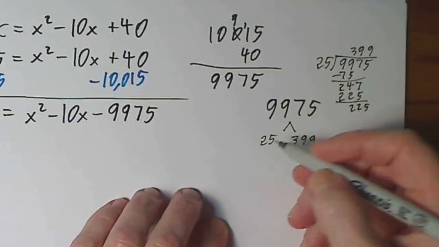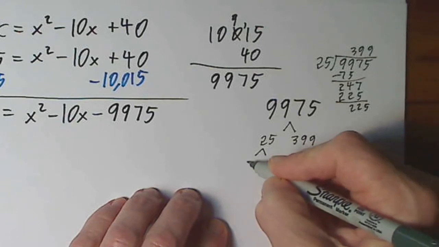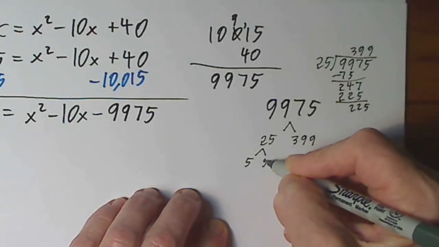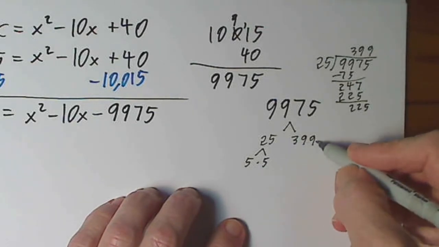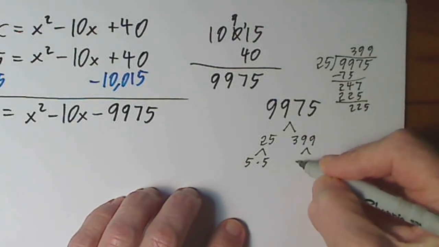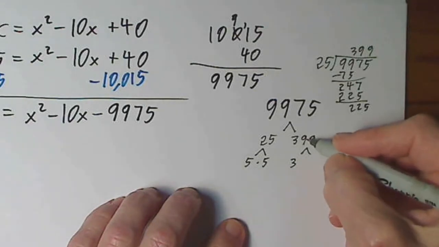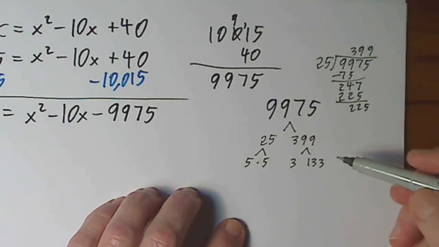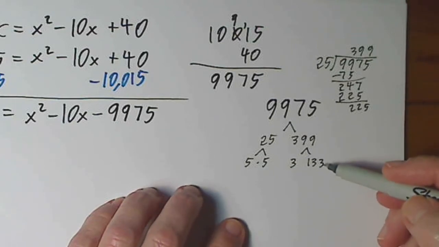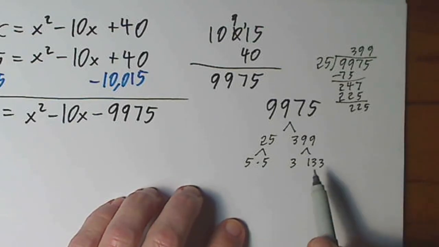Prime factors: well, 25 won't be hard to finish out. That's just going to be 5 times 5. 399 is a little trickier. Notice 3 divides into it, so 3 times 133, and that might look like a prime, but we've got to check pretty carefully.